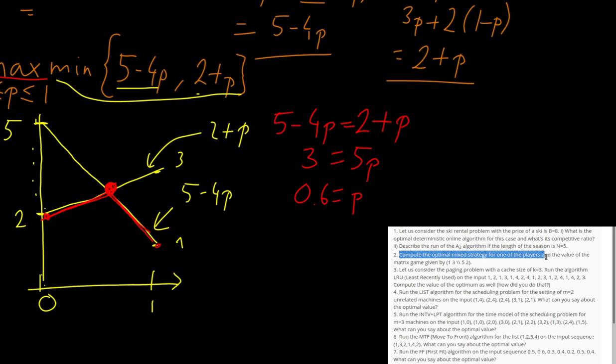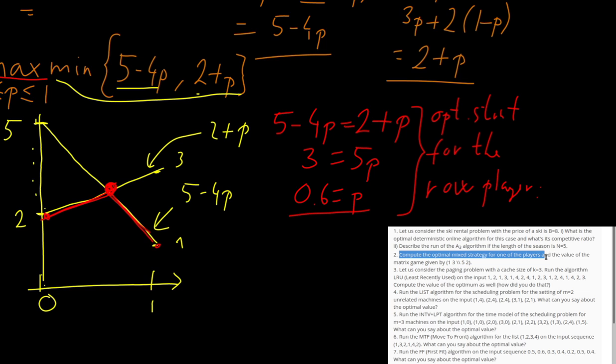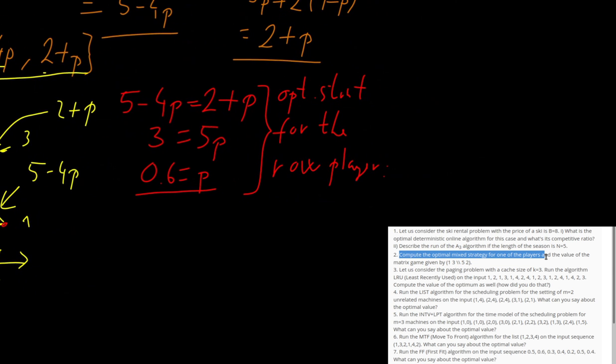We are already done with that, because an optimal strategy for the first player, the row player, means that you pick the first row with a probability of 60% and the second row with a probability of 40%.